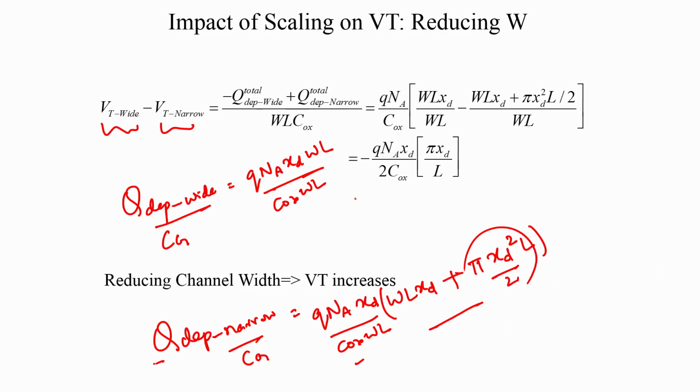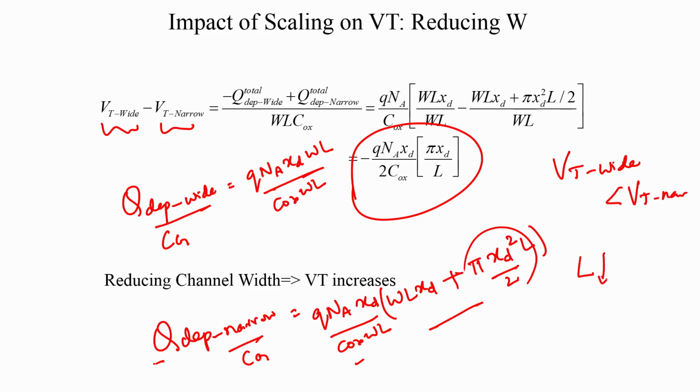The difference will now be a negative number, which implies that my threshold voltage for the wide channel device is going to be less than the threshold voltage for a narrow channel device. So in summary, as we scaled down L, the Vt also decreased.